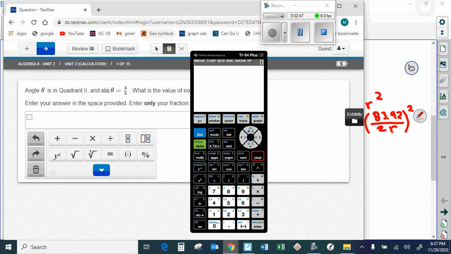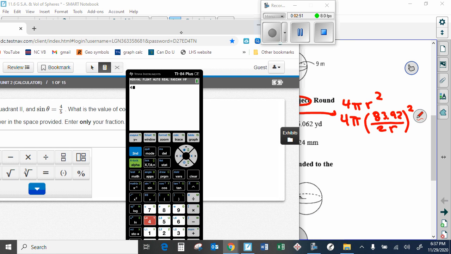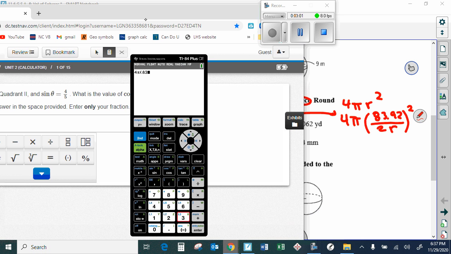Here we go. 4 pi, that's pi right above the caret symbol. 4 pi parentheses 83.92 divided by parentheses 2 pi.